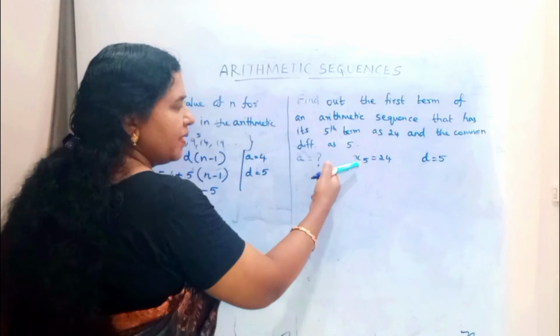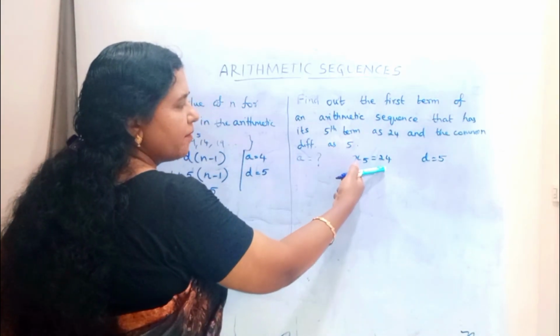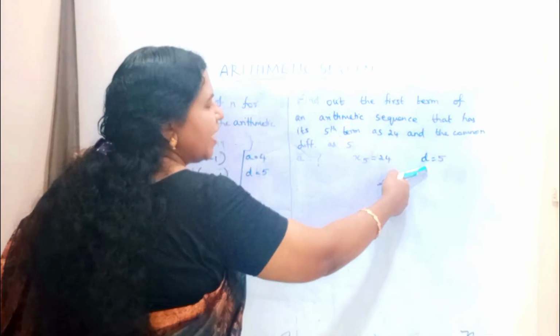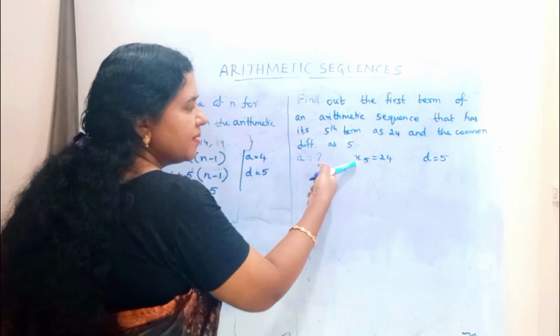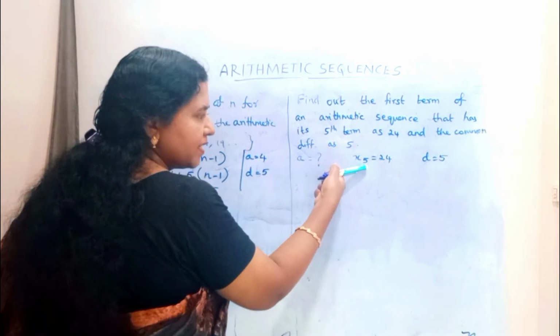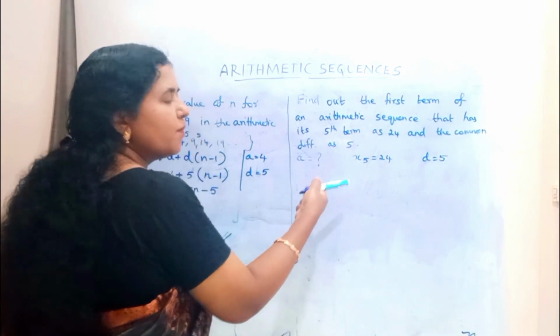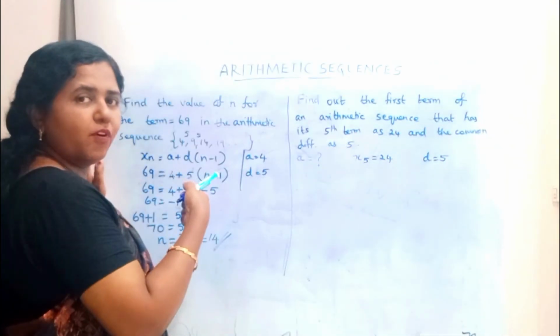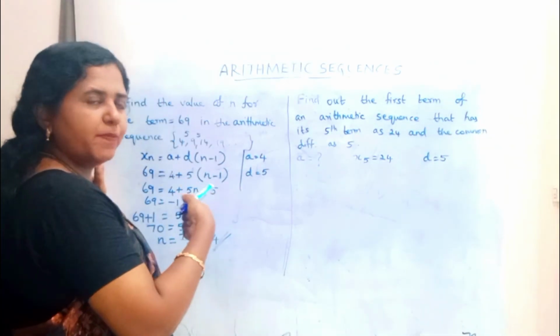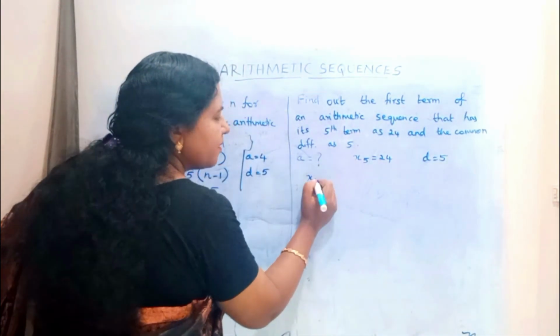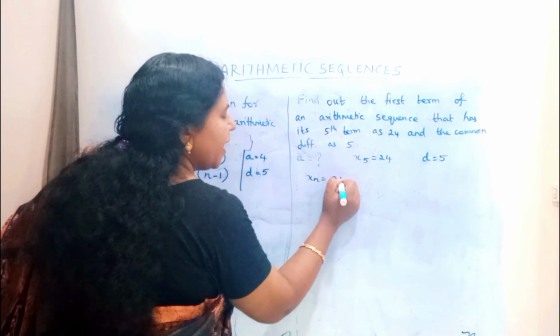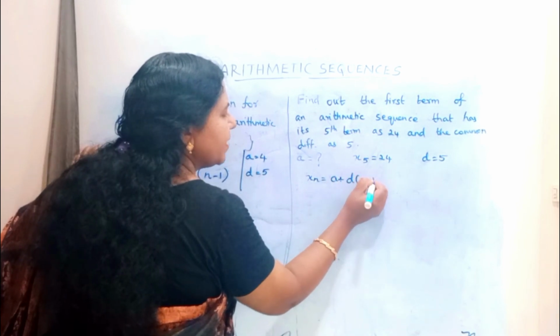So x5, that is a term, is known, it is equal to 24, and the value of common difference D is 5, and we are asked to find out the value of A. Okay. So here since we have the value of x5, we can use the expression for the term present in the arithmetic sequences: xn is equal to A plus D into n minus 1.